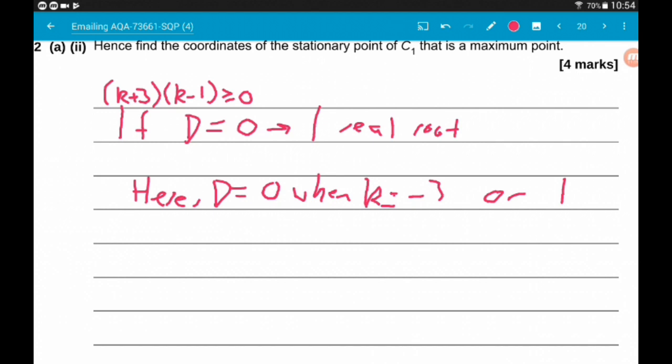So remember that y equals k is a horizontal line. So if this horizontal line is only hitting the curve at one point, then it's hitting the curve at the points where the gradient is equal to 0, so at the stationary points.